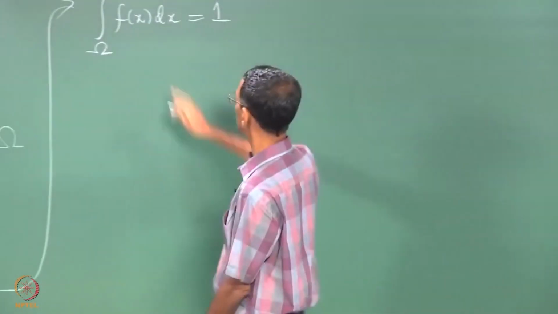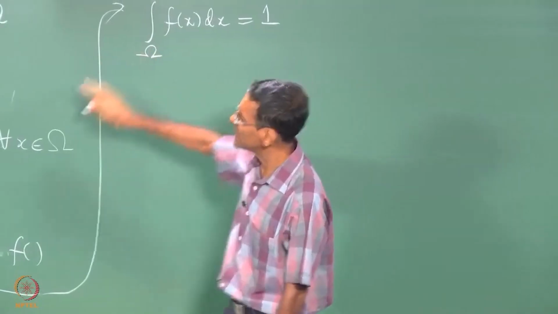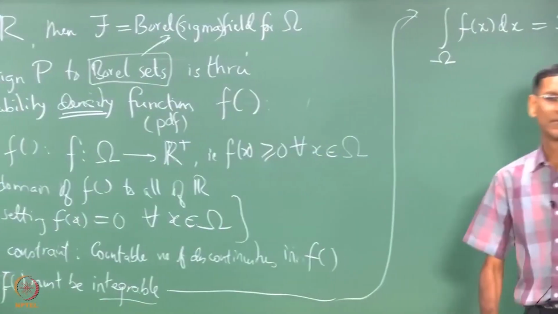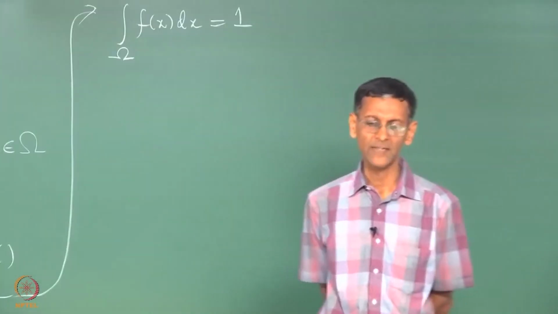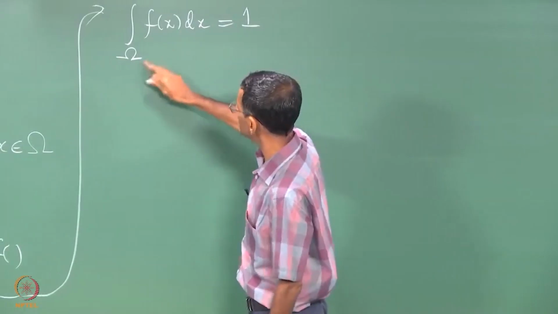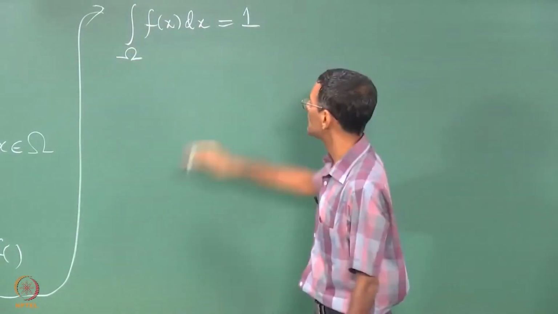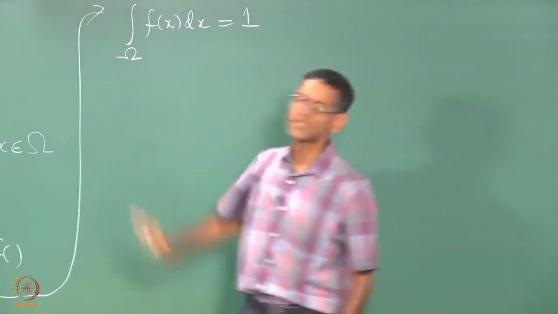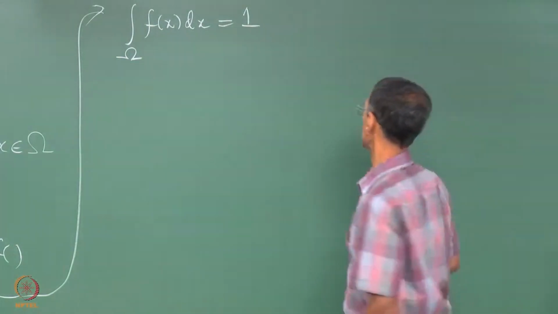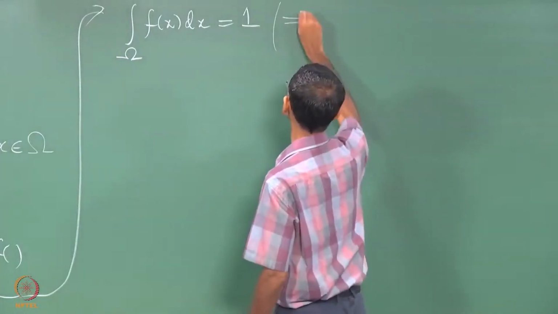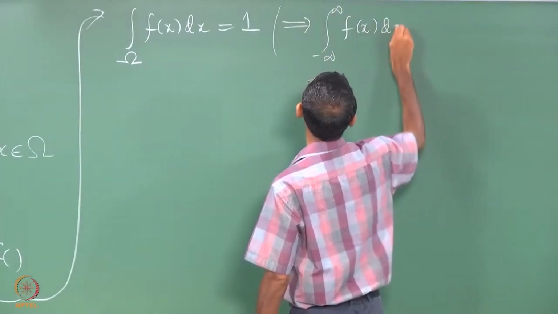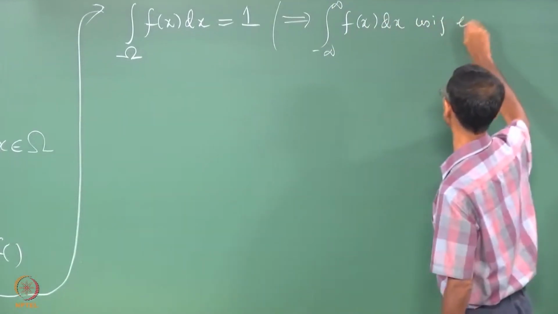So basically we can consider any f which is non-negative and integrable and has a finite integral. I know yesterday I may have written minus infinity to infinity, but fundamentally you want its integral over the set omega to be 1. Of course this automatically will mean the integral over minus infinity to infinity is also 1 using the extended definition, right?